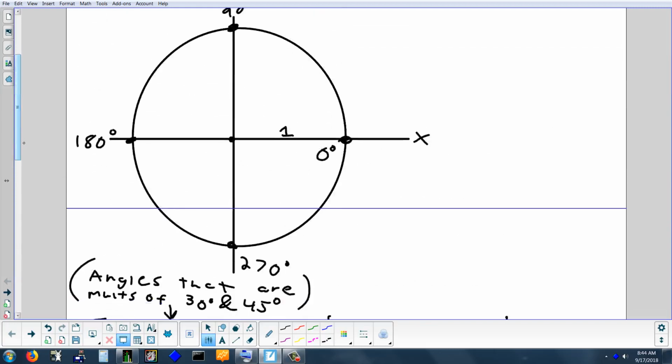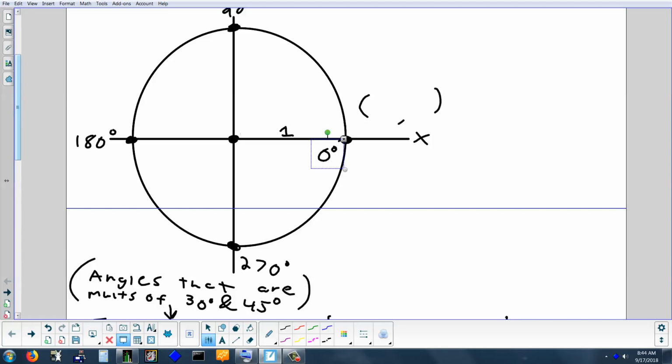All right, so let's see if we can just label the 4 coordinates that I have here. So this is the origin. That's not a point on the circle. We want to focus on the 4 that are on the circle: 0, 90, 180, and 270. Let's start with 0. So if the radius of the circle is 1 unit, to get from the origin to the point for 0 degrees, how many units do you have to move from the origin?